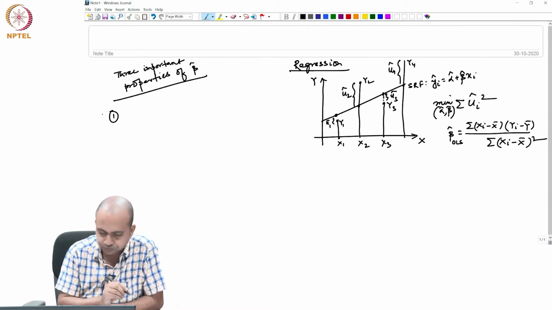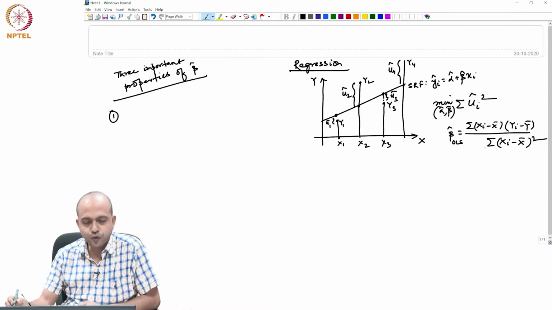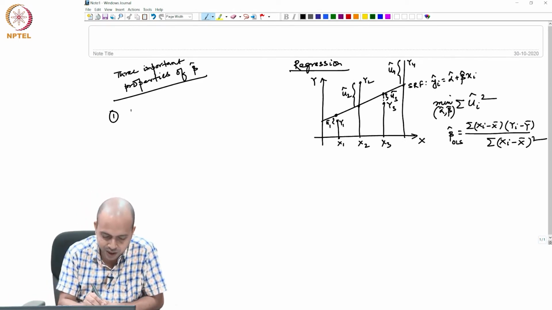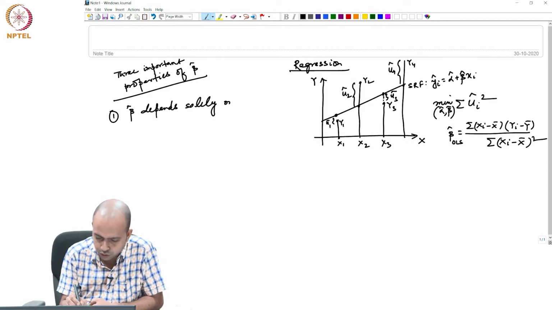First of all, from the formula, beta hat equals summation x i minus x bar, y i minus y bar divided by summation x i minus x bar whole square, what we can understand is that beta hat depends solely on sample observation.